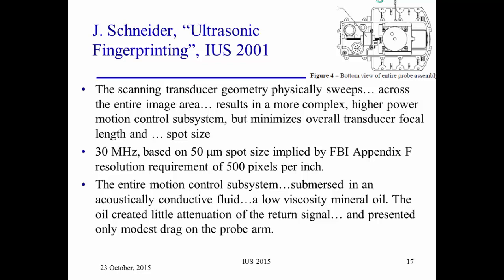And in his paper that was published in the proceedings in 2001, he does a very simple analysis to show why 30 megahertz makes sense based on a 50 micrometer spot size. Again, that 50 micrometer comes from the FBI Appendix F standard of 500 pixels per inch. So that's where that comes from. Then the entire motion control system is immersed in acoustically conductive fluid, which in this case is low viscosity mineral oil. The oil creates little attenuation of the return signal and presents only modest drag on the probe arm.